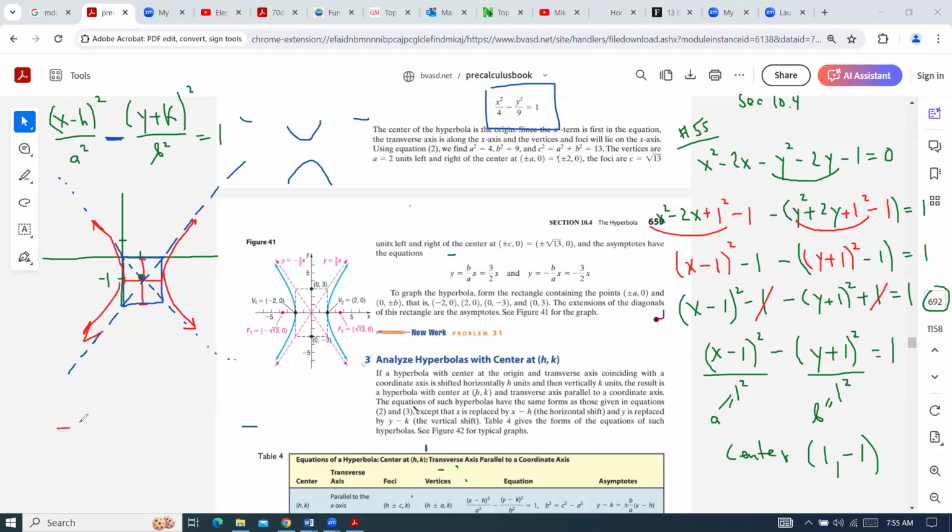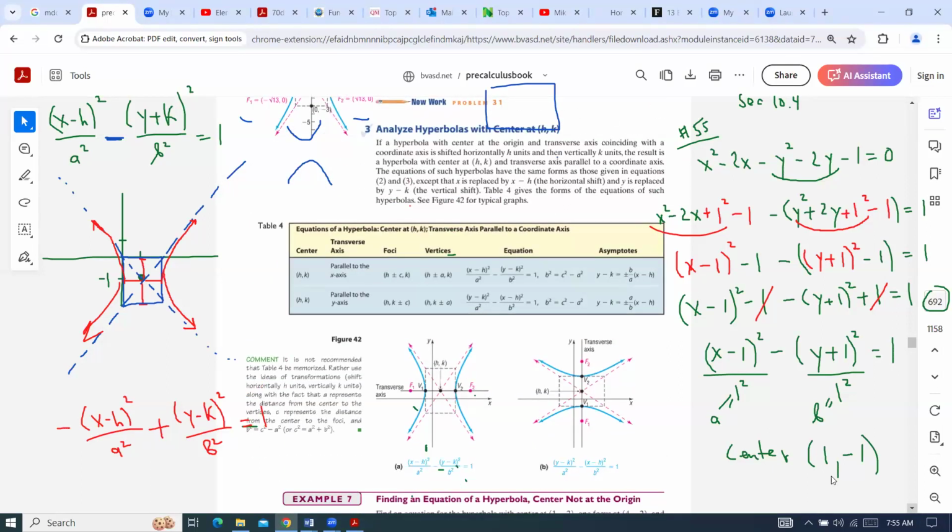So you may have negative in front of this x minus h over a squared. And now it's going to be plus in front of y squared, y minus k over b squared. So if that's the case, you get top and the bottom. And that's actually what they're trying to describe in here.